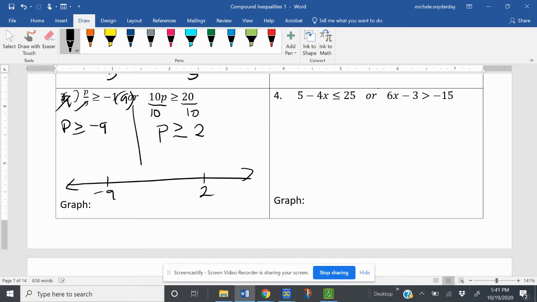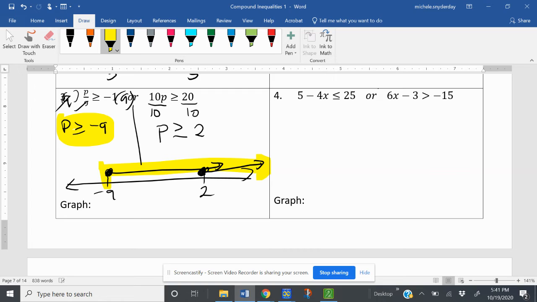P is greater than or equal to -9 is a solid dot going towards 2 and higher, and p is greater than or equal to 2 is also a solid dot, and it's also going towards the more positive numbers. So in this case, our solution is this one because it covers the most area, and includes and picks up the other inequality along the way.